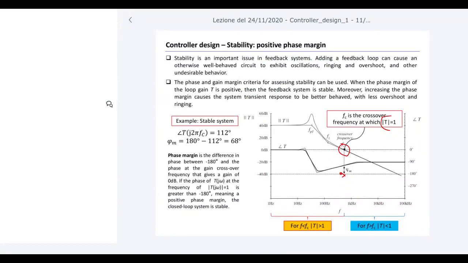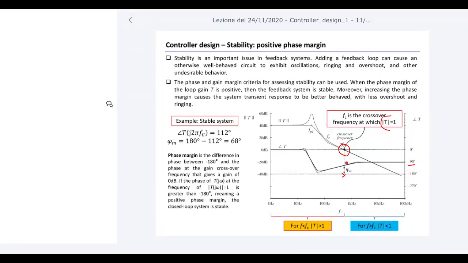And the positive loop is not something that can be useful, so it leads to instability. So you have to get the crossover frequency when the phase of your system is less than 180 degrees. So, for example, you have to get a phase margin. I think these are notions that you already know.